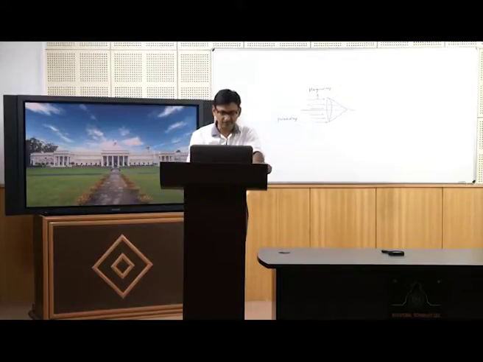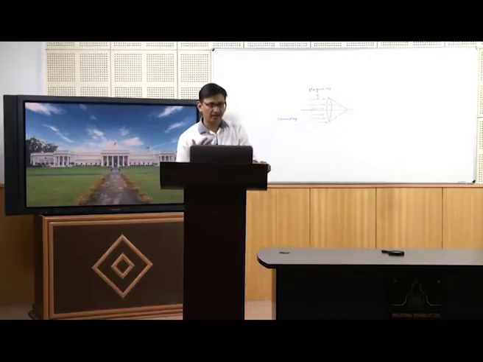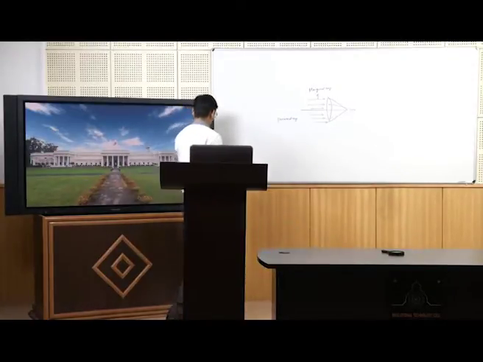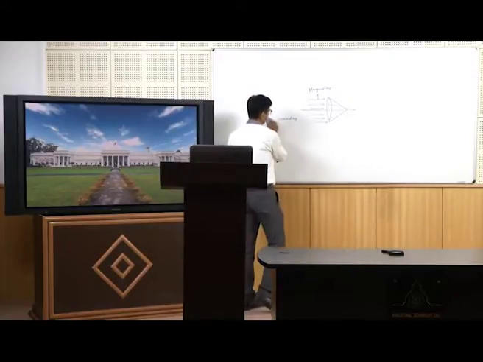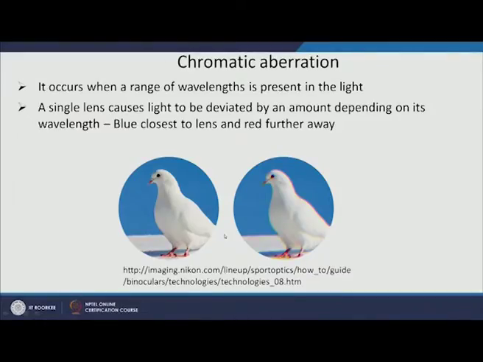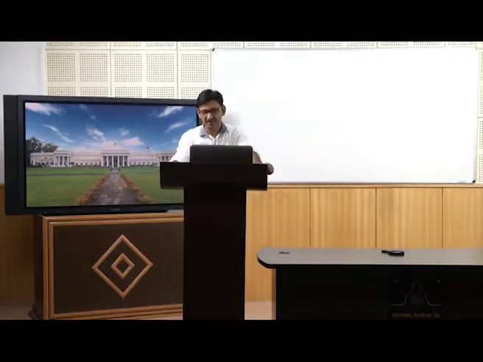The next one comes because of the light or the electromagnetic radiation which we use, and this is called chromatic aberration. So, what is chromatic aberration? It occurs when a range of wavelengths is present in the light. Our visible light, our white radiation, has multiple wavelengths.